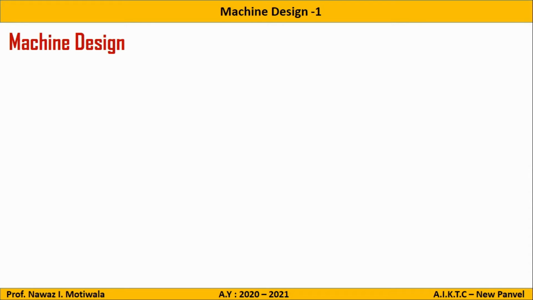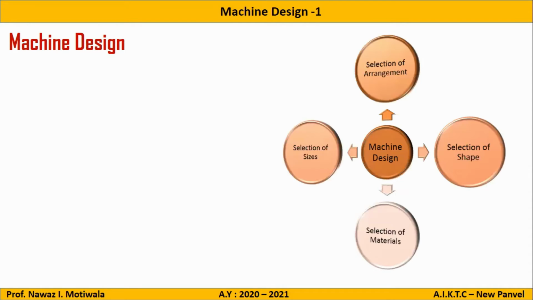Okay, so let me go forward with a sketch which defines the machine design. If you can see, the machine design is exactly in the center, and there are four components. The first component is selection of material. Second is selection of shape. Third is selection of arrangement, and fourth is selection of sizes.